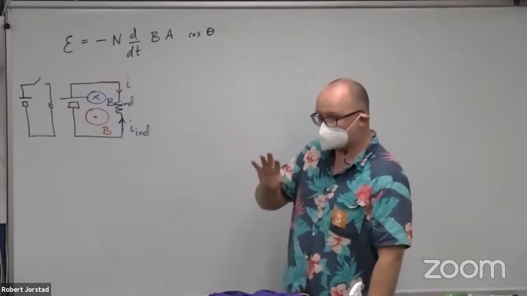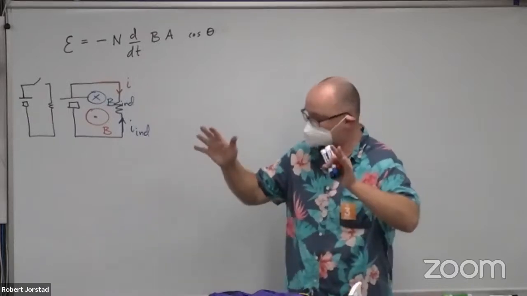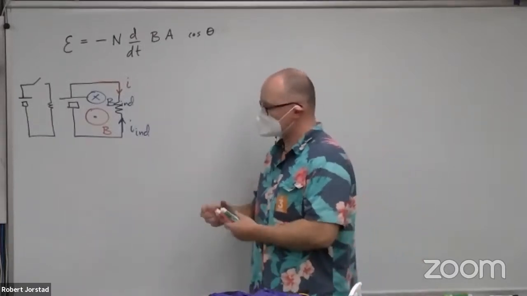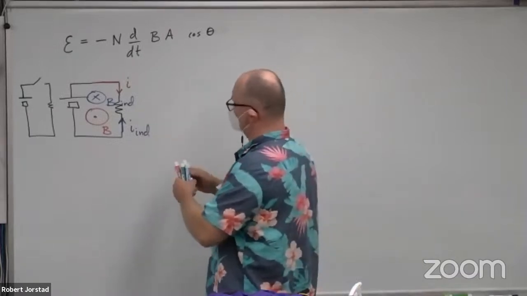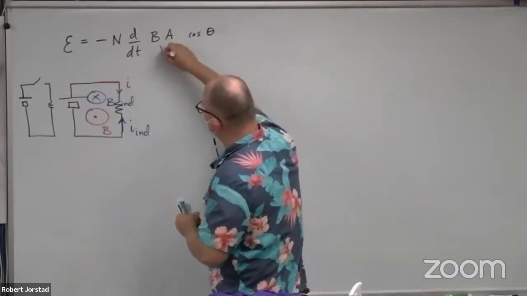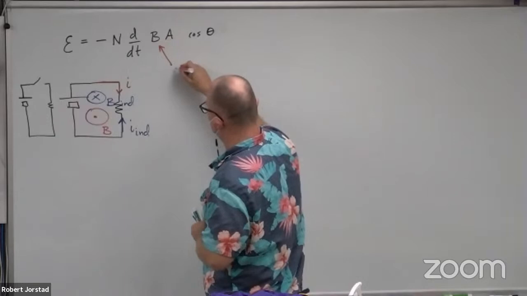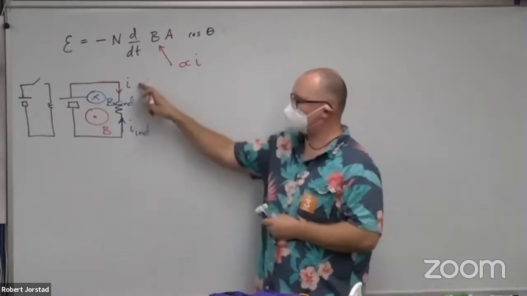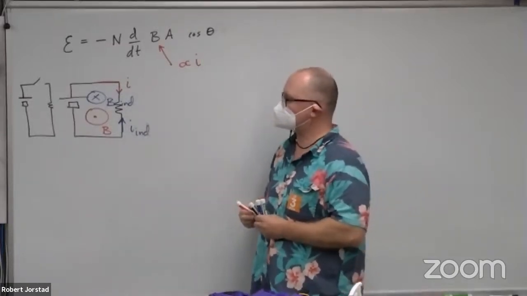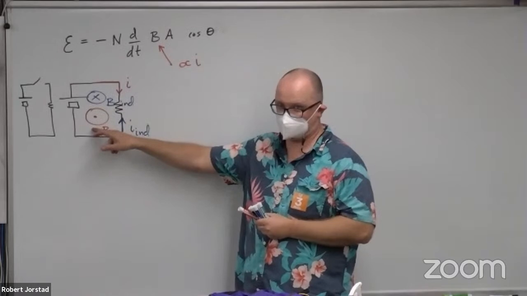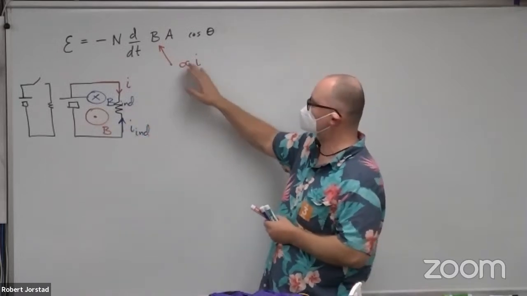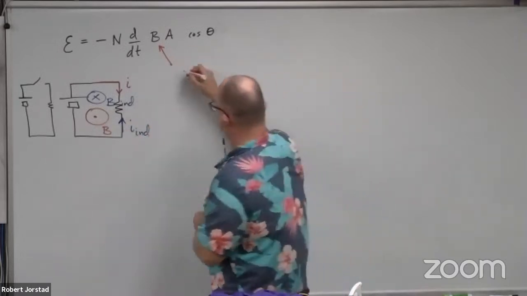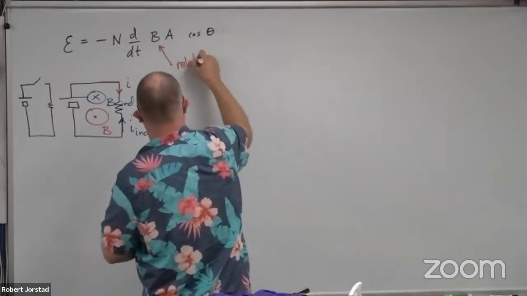Okay, now I'm going to do some serious hand waving here. We'll even throw jazz hands in there. My claim is that somehow this is proportional to I, this current. My claim is that this B field you put through the loop is going to relate to the current.